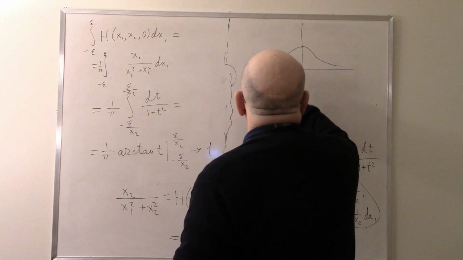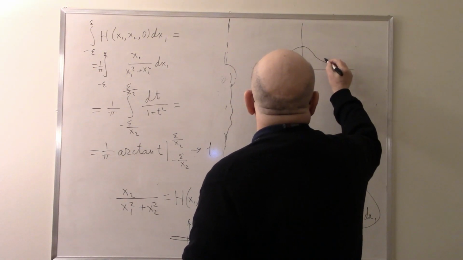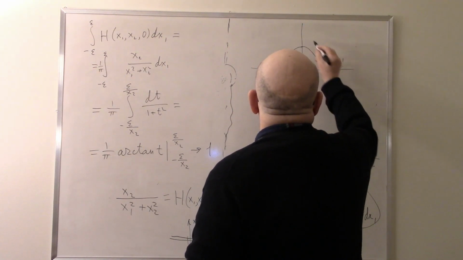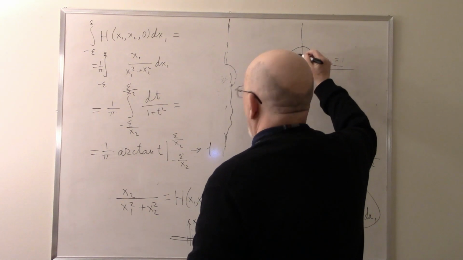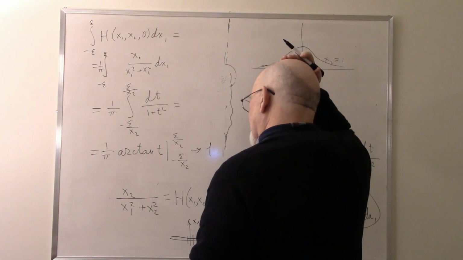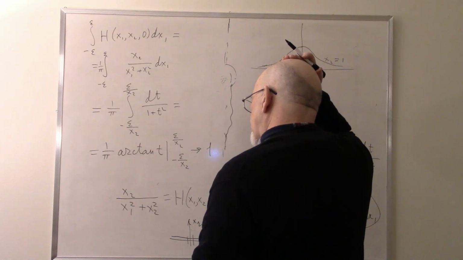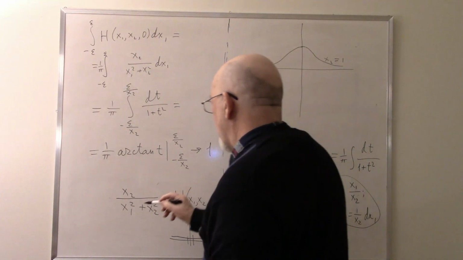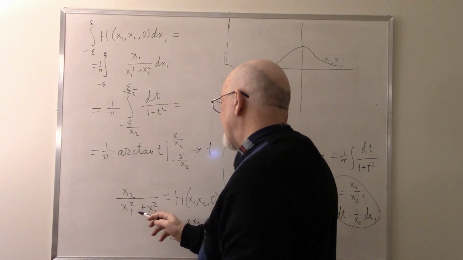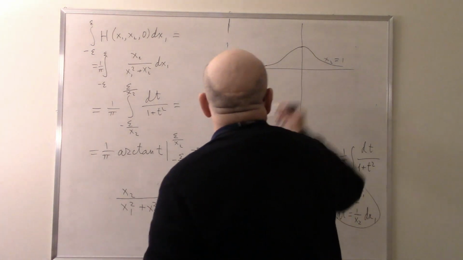For x2 equals 1/2, if you have x1 as 0, it is 2.